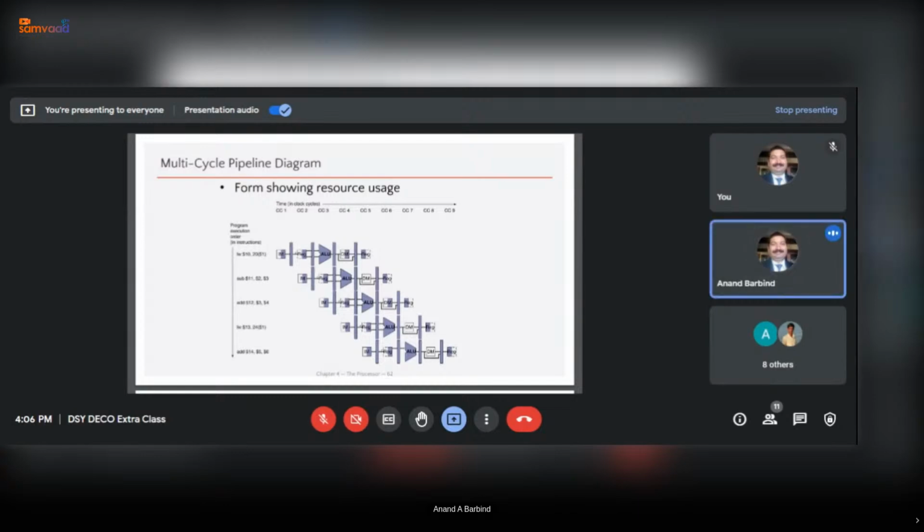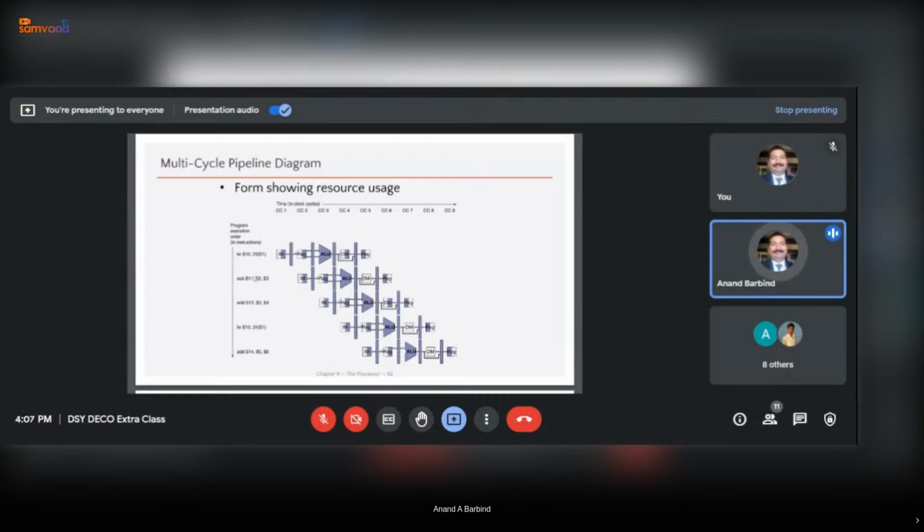Any problem in this pipeline architecture? Have you understood this? You can see here CC1, CC2, CC3, CC4, CC5, CC6. This is one clock, and in one clock, part of the operation of one instruction is being executed.